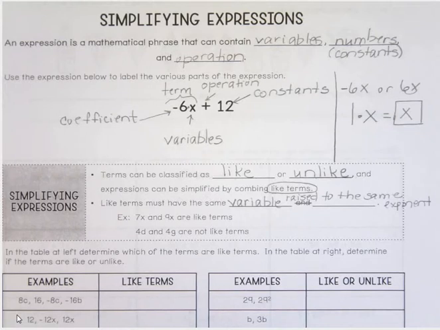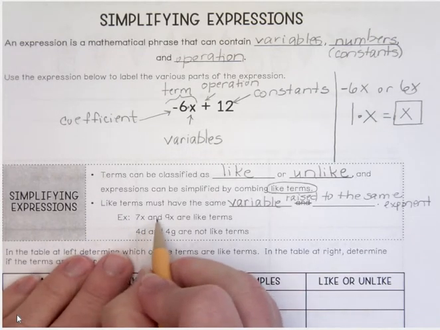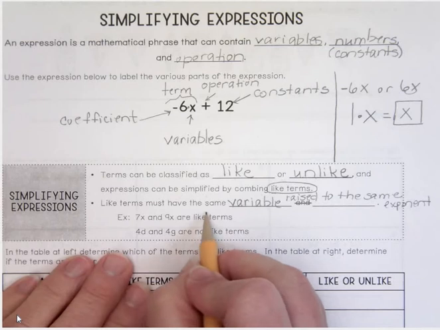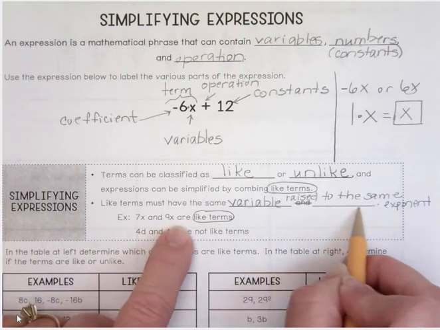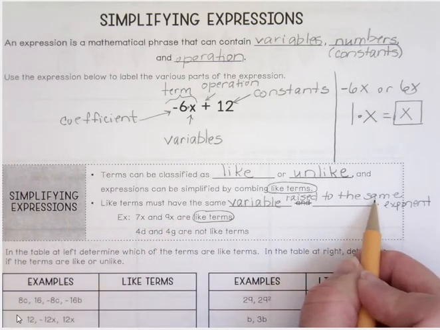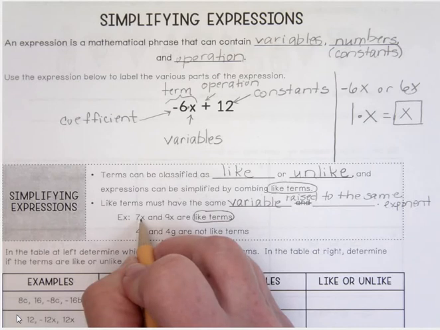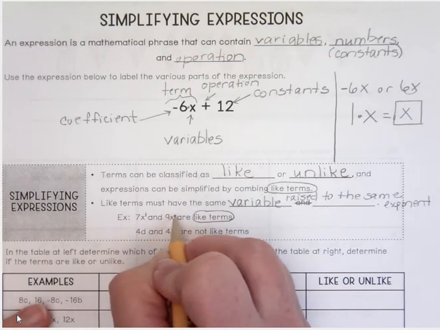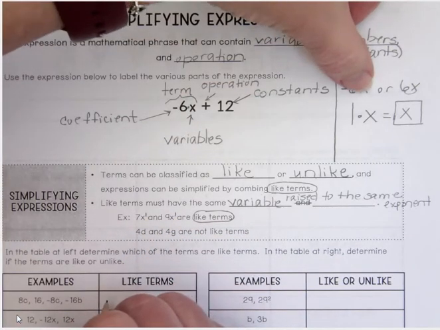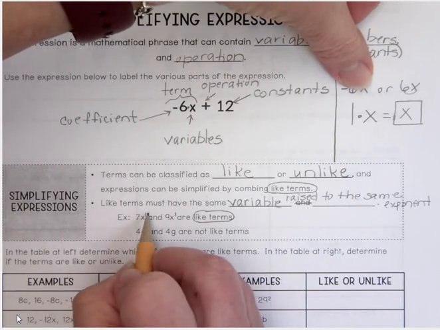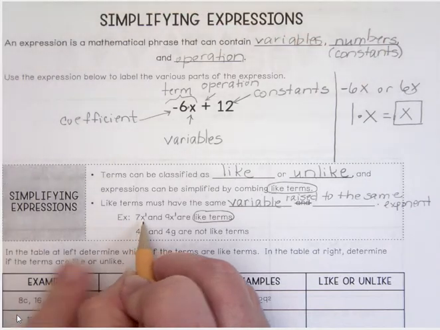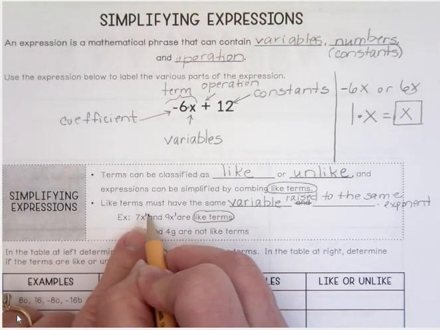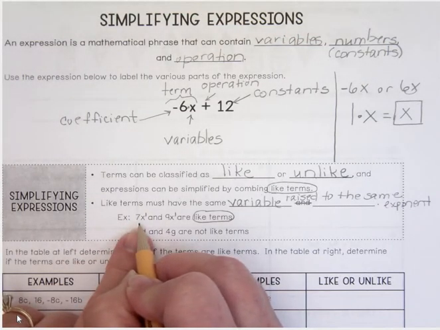For example, 7 times x and 9 times x are like terms, because they have the same variable raised to the same exponent. Now you might be thinking they don't have an exponent, but if you don't see the exponent, it is understood again to be 1 because 1 is our identity for multiplication, and x to the first power is the same thing as x.